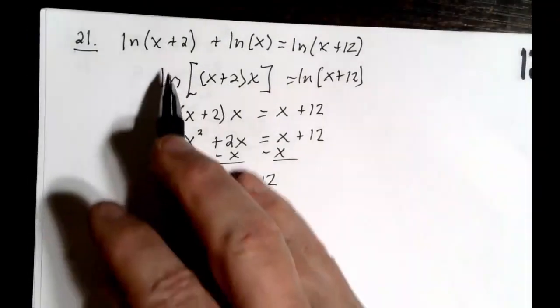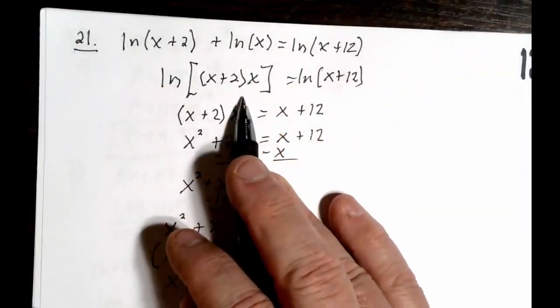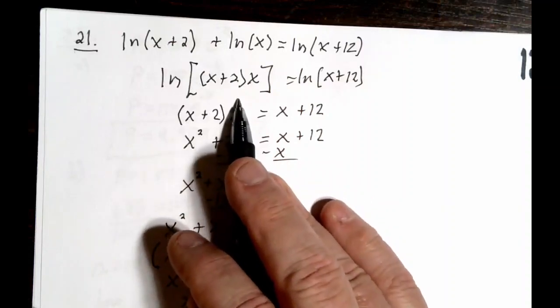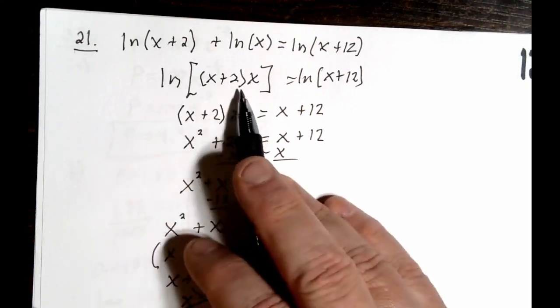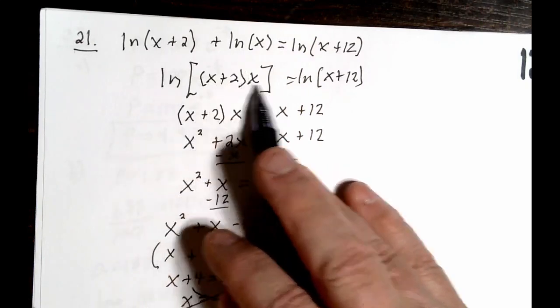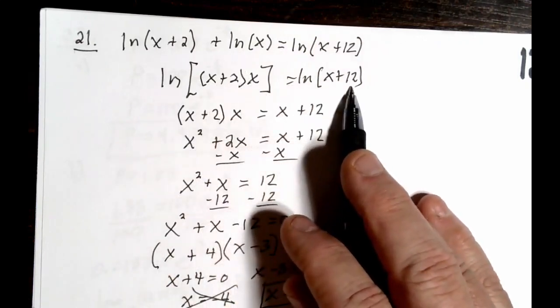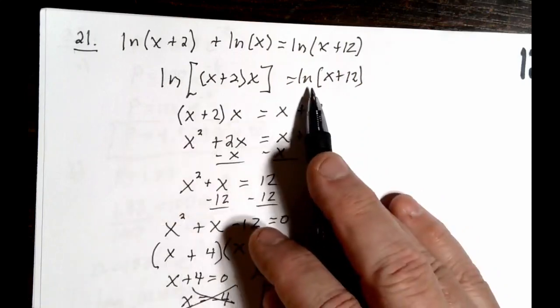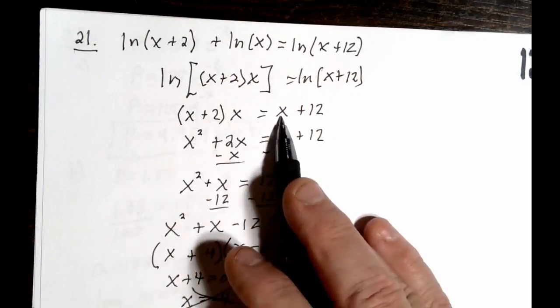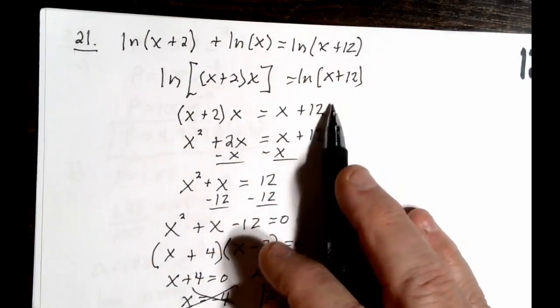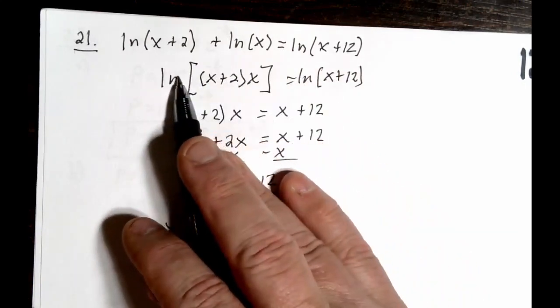21, I wrote this together as one log. Addition becomes multiplication. And now this is something we haven't shown yet, but if you've got a log of this equals the log of that, and they're both the same log, ln, then this has to equal that. You can actually take away the logs if they're both set up exactly the same way.